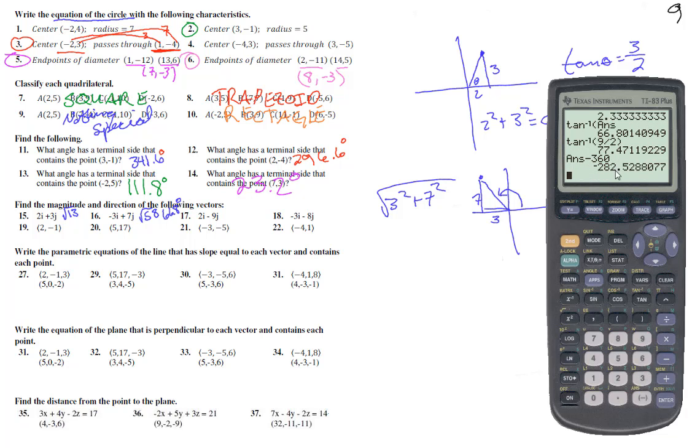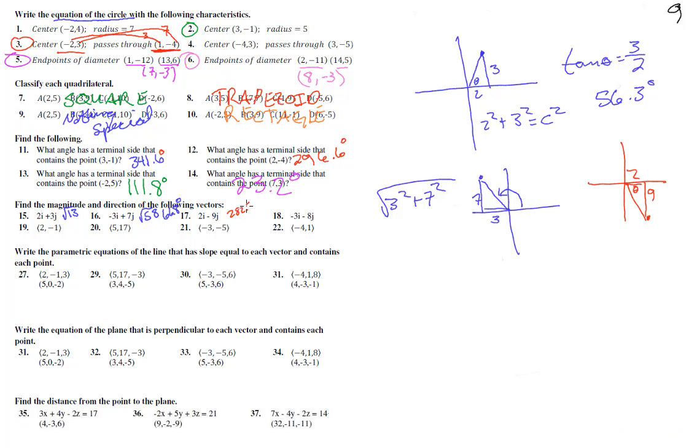And we're at 282.5 degrees. Now the magnitude, notice 2 squared plus 9 squared equals this distance squared.